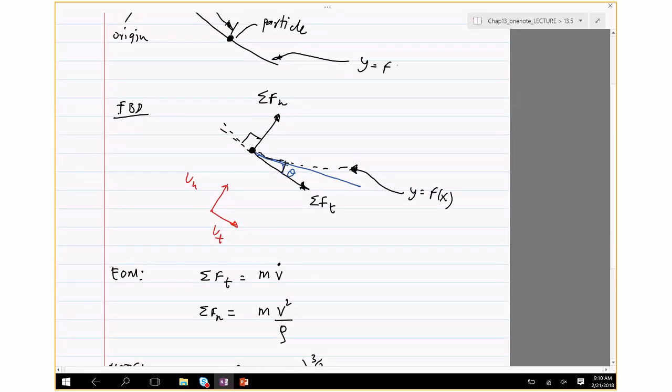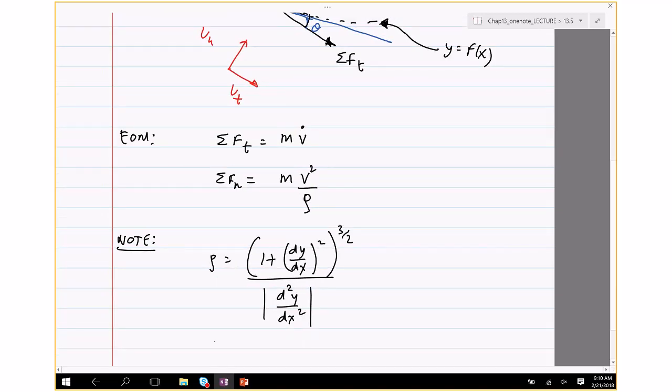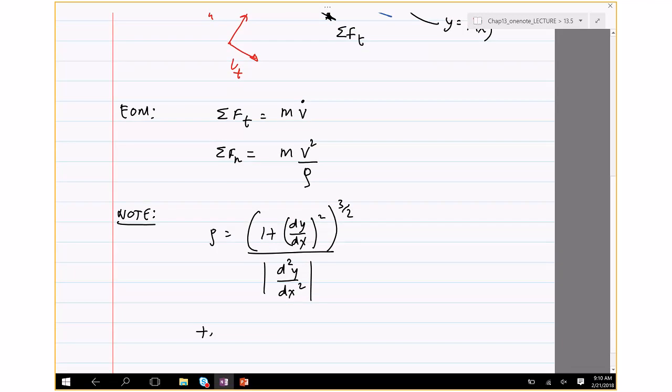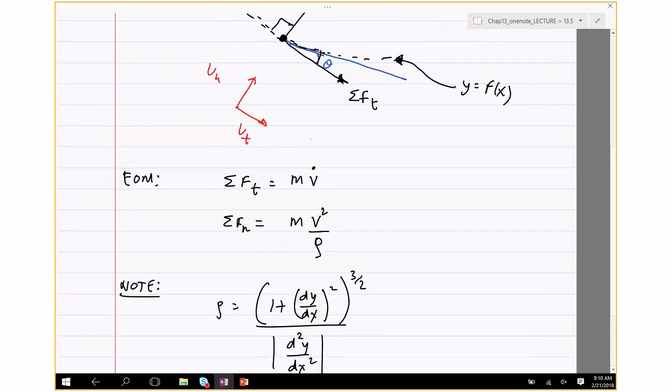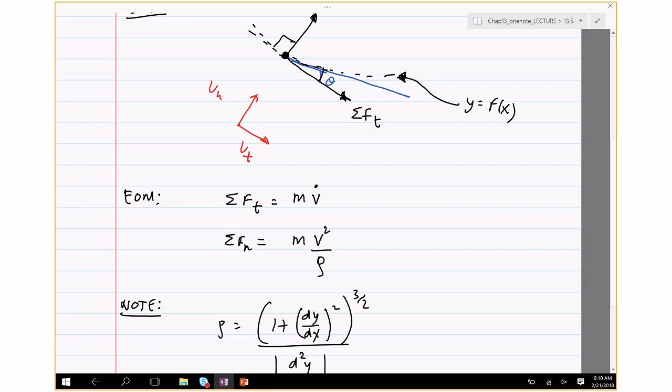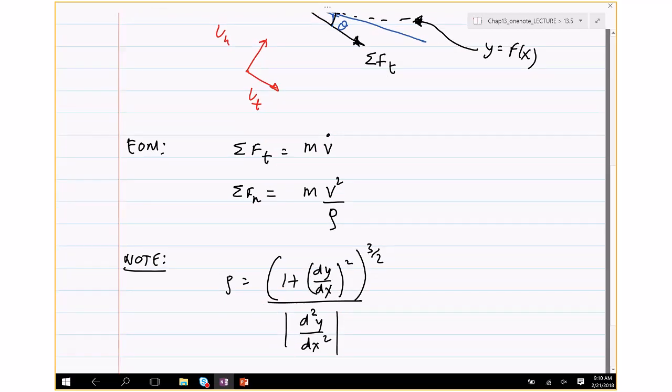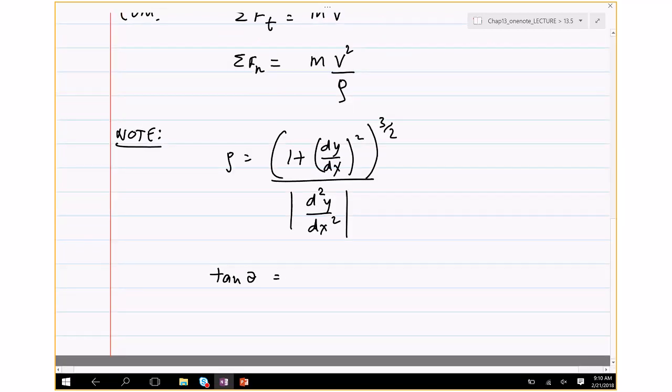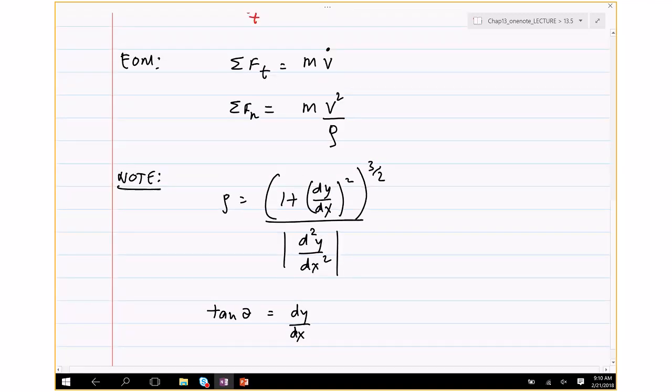Once you know y equals f of x, you can find rho. The other thing which will be important is how do you find the angle made by the tangential component with the arc length? That is theta, and you can find theta using this formula. Right? dy/dx is the slope, and that gives you the tangent of the angle between the u_T and the arc length.